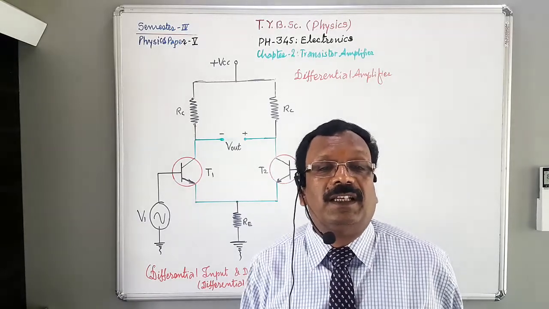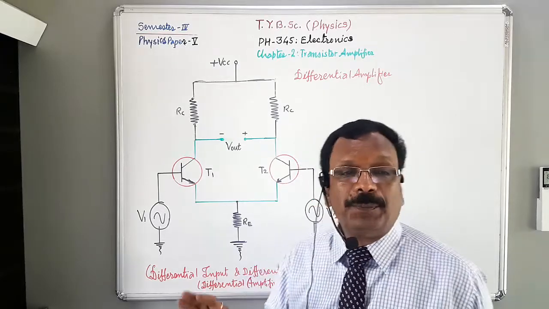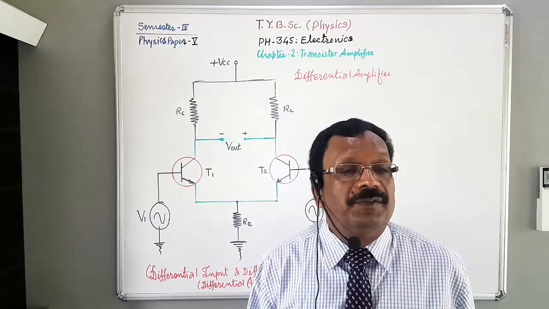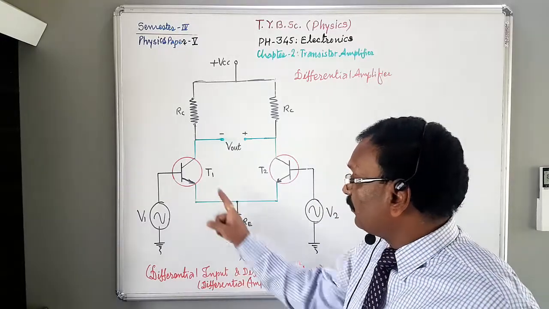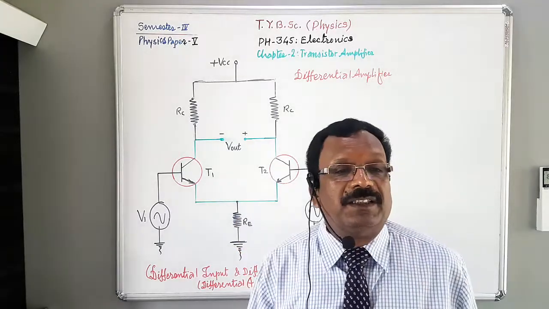So this circuit has two common emitter stages in parallel, both parallel to each other, with a common emitter resistor. For both the stages, this emitter resistor is common.